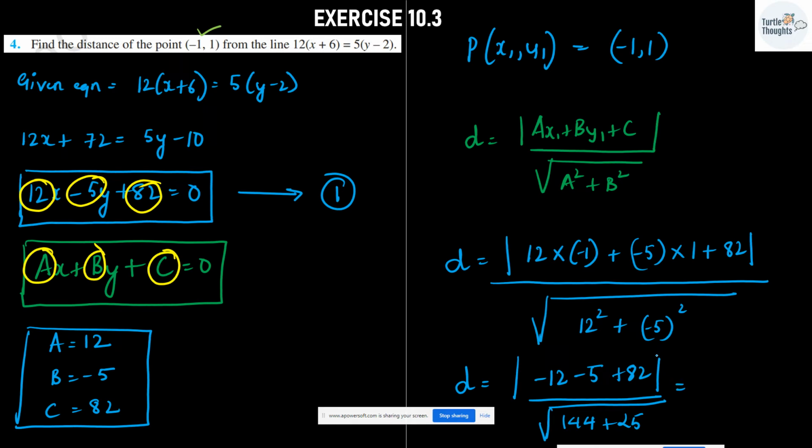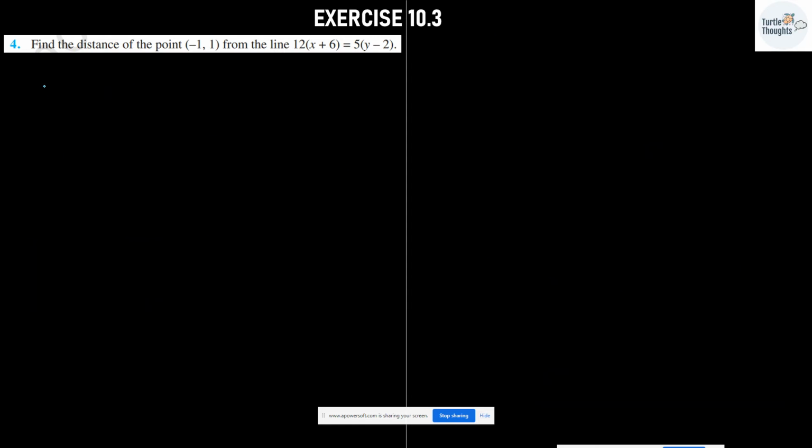Upon solving, 82 minus 12 minus 5 is going to be 65. 65 under the modulus, whole over the root of 169. I will be getting d is equal to 65 over 13. So d I will be getting as 5.